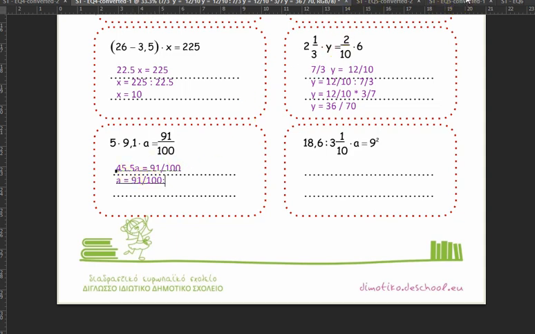Again, 5 times 9.1 is going to give us 45.5, and then because 45.5 times a is equal to 91 100ths, a will need to be equal to 91 100ths divided by 45.5.